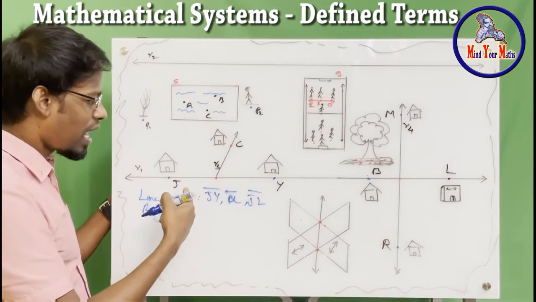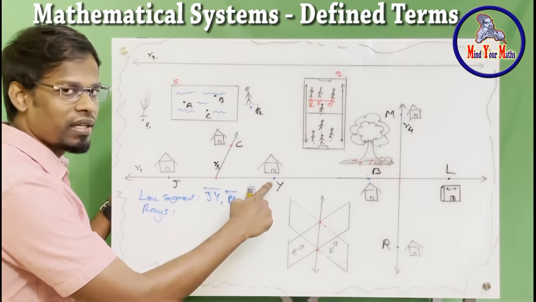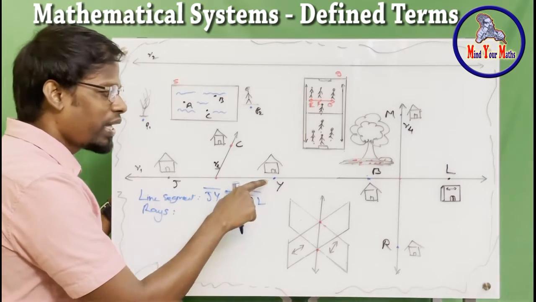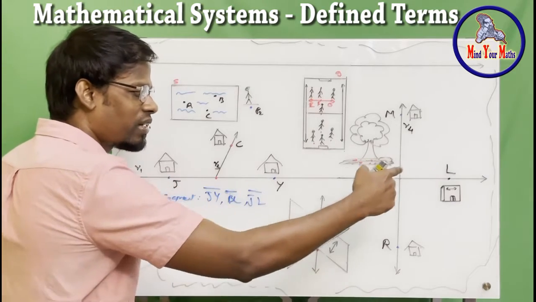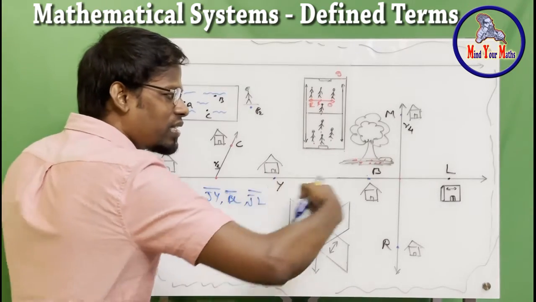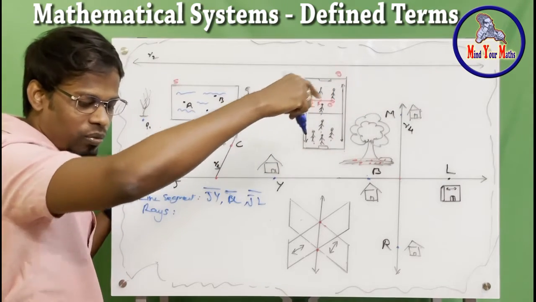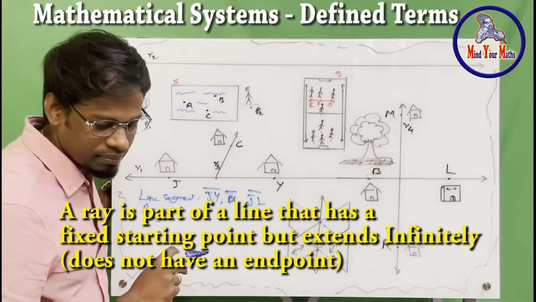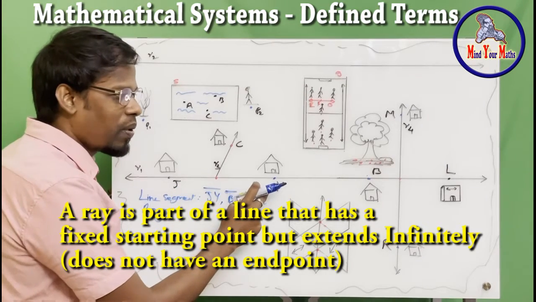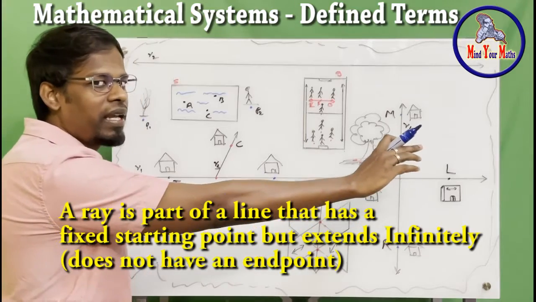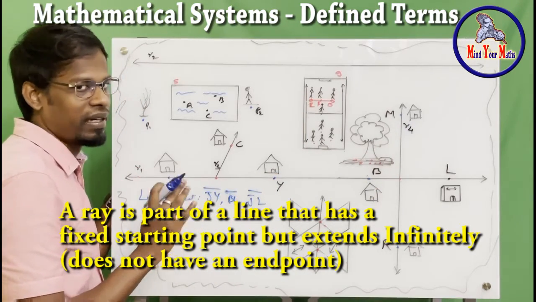When it comes to a line, any point that you pick as a starting point, and you look in either of the directions, from this starting point, this side it never ends, it goes infinitely. So by definition, it has one point as a starting point, and the other side of the ray goes infinitely. That is the definition from a line.